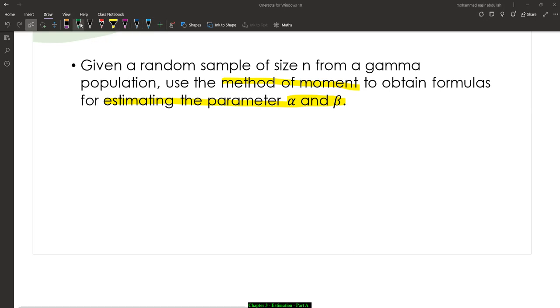So the PDF for gamma is 1 over beta power of alpha, gamma alpha, right? X power of alpha minus 1 exponential negative x over beta, where x is more than 0. And provided alpha also more than 0 and beta also more than 0. Right? So this is the PDF for gamma distribution, right?